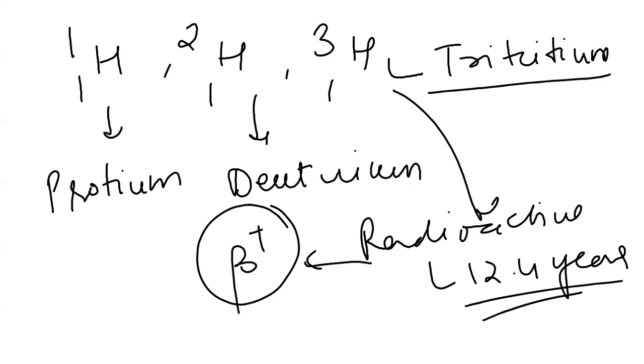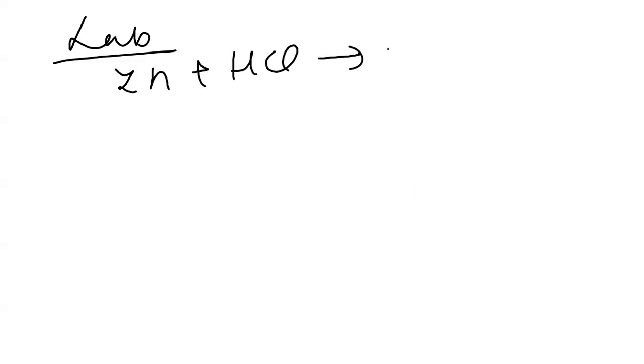So therefore, we see that whenever hydrogen is prepared in the laboratory, when zinc is treated with HCl, it gives us ZnCl2 plus H2.